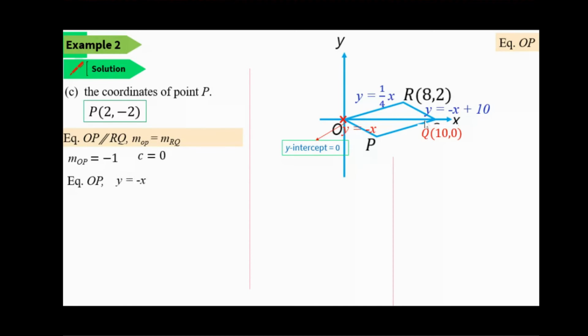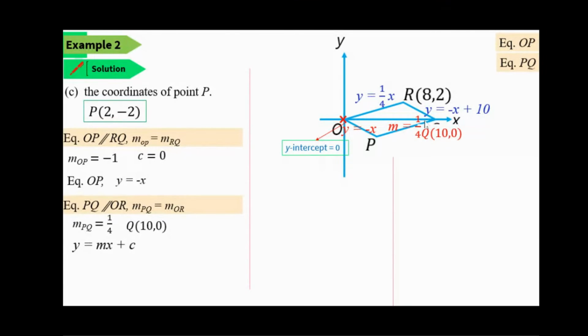Step 2. Find the equation of PQ. Similarly, we can grab the gradient of PQ from the gradient of OR, from equation y equal to 1 over 4x. Then the gradient is 1 over 4. Then we can notice no y-intercept is given. To find the c in y equal mx plus c, we substitute a point in the gradient equation.